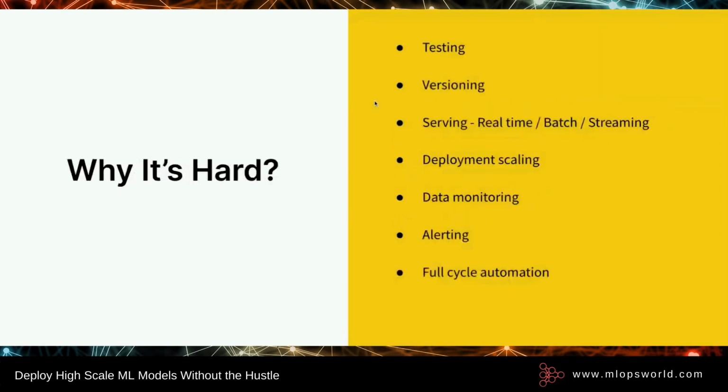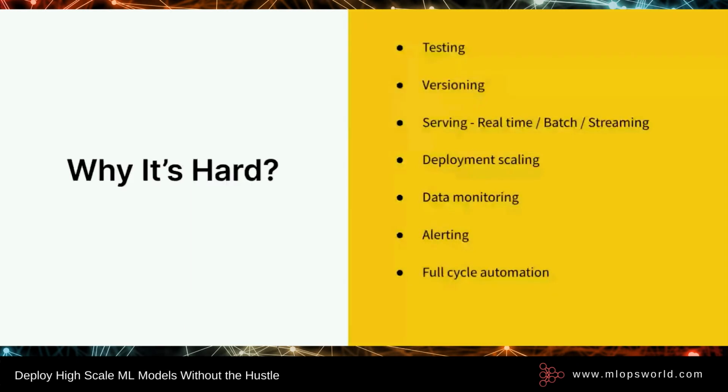Okay, so let's start with why it's so hard to deliver ML platforms and ML projects. I just wrote some important bullet points. For every software development project, you know how to test, version, deploy, and monitor your code. This is something that currently is not easy to do with ML models.